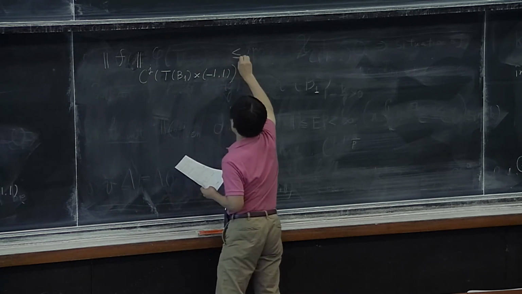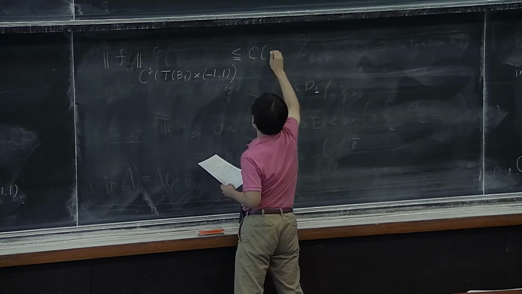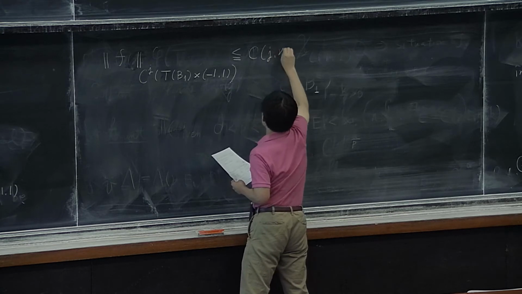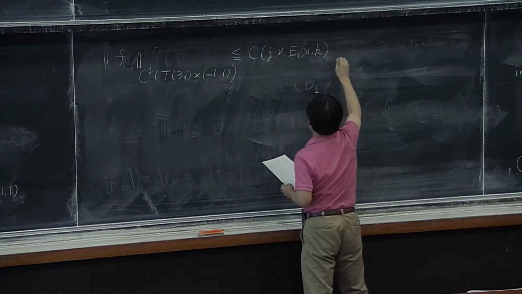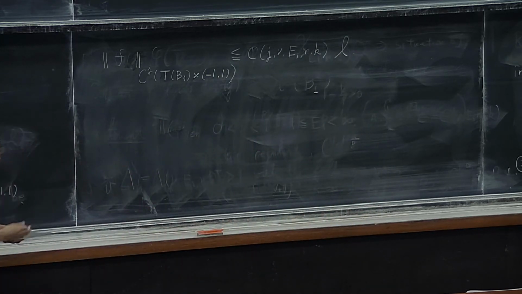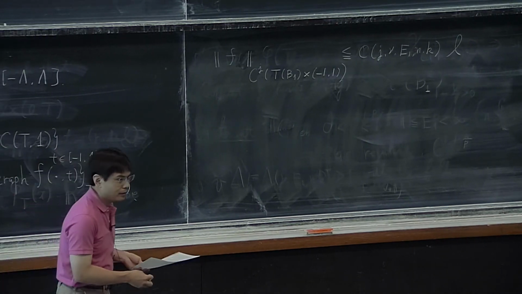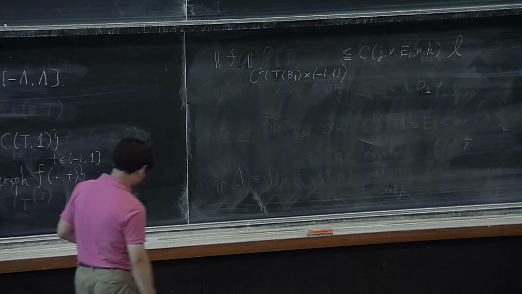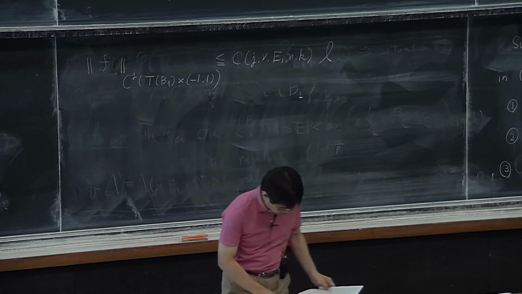Any Cj derivative is bounded by a constant, depending on j, mu, E1, N and K, times L. Okay. So all derivatives are bounded in terms of this quantity L. So that's the full statement of epsilon regularity.